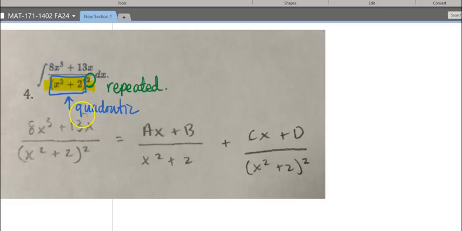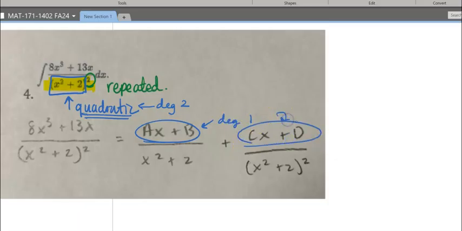Because it was quadratic, what you put in the numerator up here needs to be something linear. Because quadratic is degree 2, you go to the numerator and you put something of degree 1, just like cx plus d and ax plus b. Those are degree 1. Because it was repeated, you started off with degree 1 and then you jump it up to degree 2. So I hope that cleared it up more.